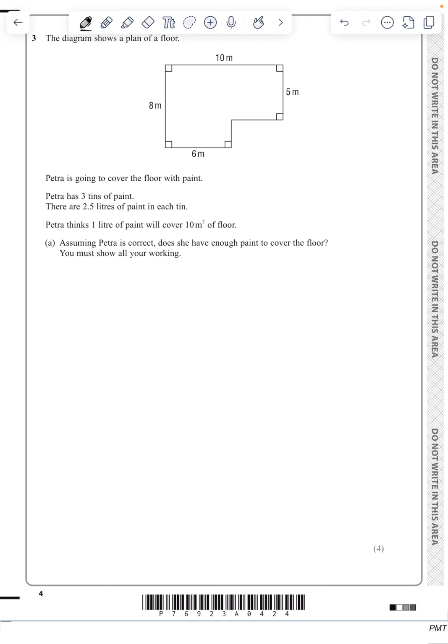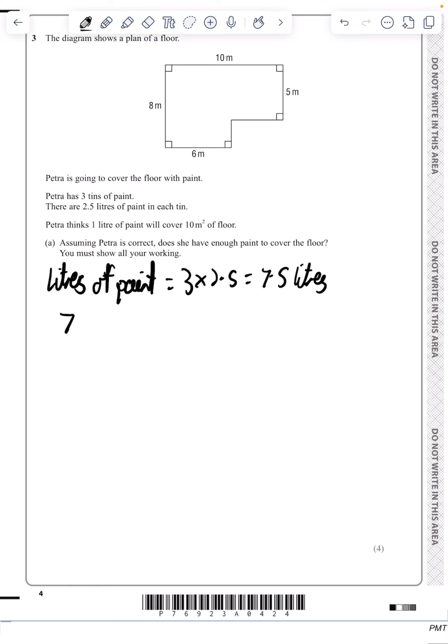And the next one. So first, work out litres of paint, just and then how much that covers.